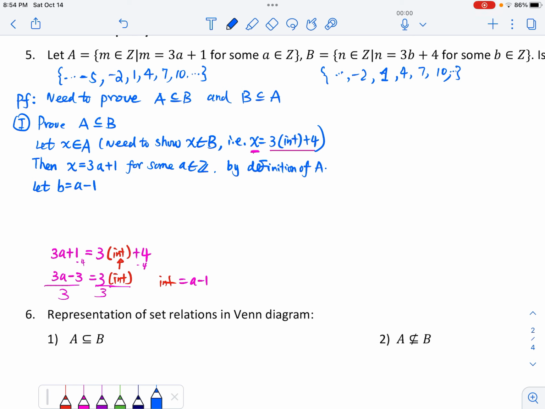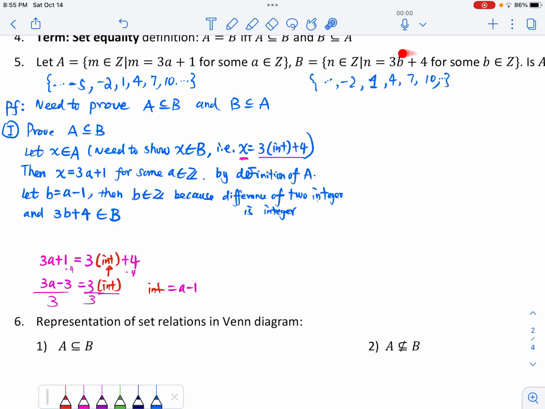And obviously b is an integer because it's a difference of two integers, and the difference of two integers is an integer. Therefore 3b plus 4 is in set B, by the definition of set B.